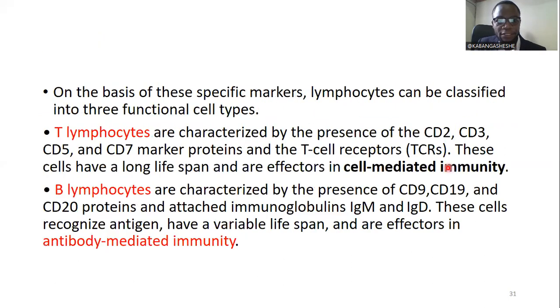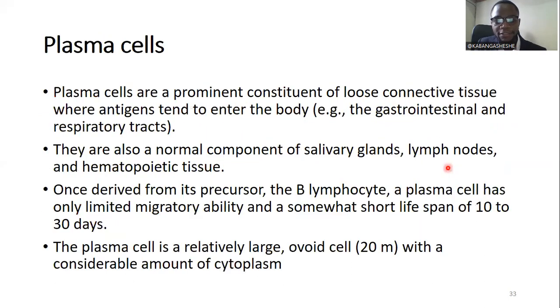Okay, now, the next type of cell we'll look at is known as a plasma cell. Now, a plasma cell is a B lymphocyte. I want us to understand each other perfectly well here. A plasma cell is a B lymphocyte.